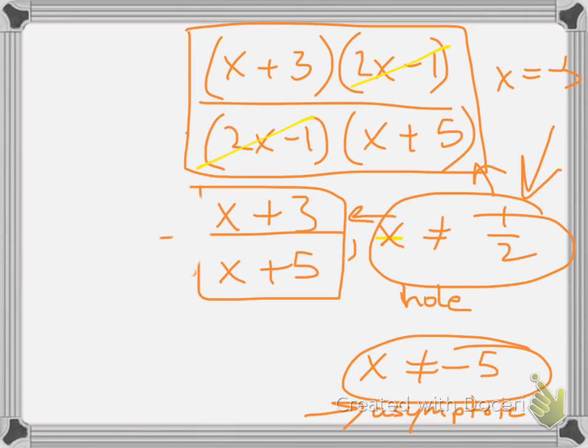They're always equal at negative 5, but the two expressions are not equal at 1/2, so you have to exclude the 1/2. So the only one you have to have, in an expression, is the one that breaks the original but not the other one. The one that you cancel, the one that you remove from the problem, has to be excluded.